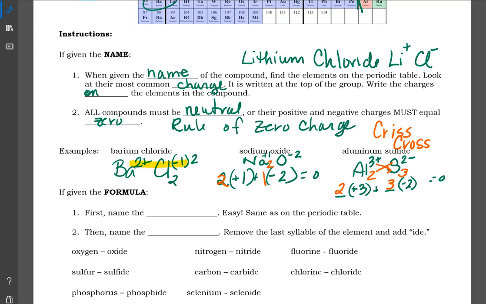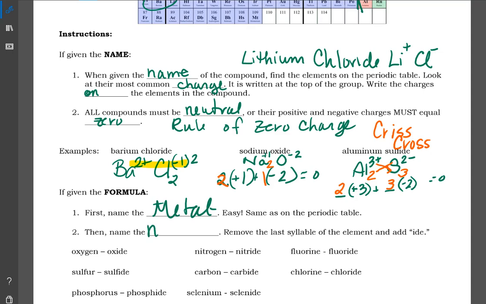All right, if we're given the formula, the first thing you do is name the elements, same as on the periodic table. First you name the metal.